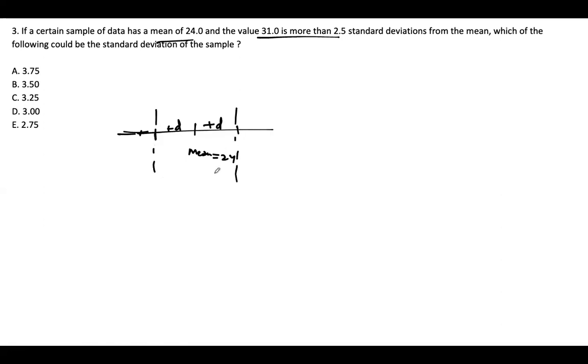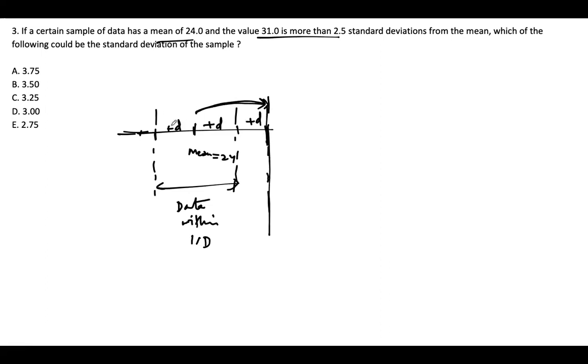So this was the data within one standard deviation, correct? Yes. Data within one standard deviation. Just to the right of this is my second standard deviation with respect to the mean.